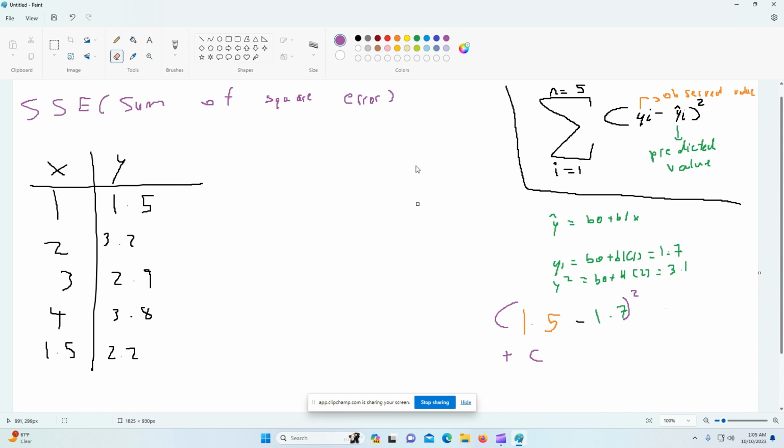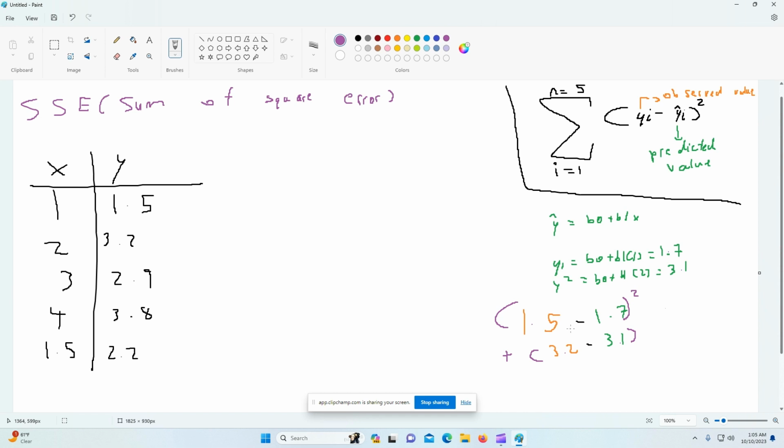So say, the observed value is 3.2, minus our predicted value, so in this case 3.1.